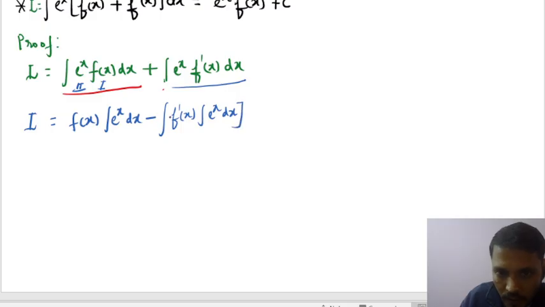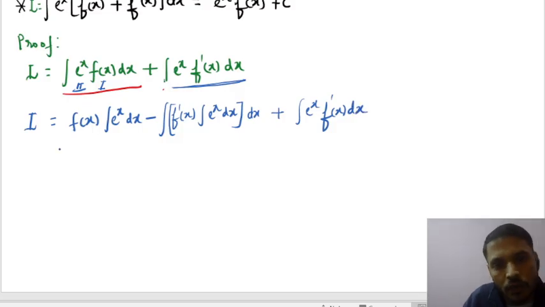We write it in a bracket, and again we give one dx, right? And the second part is as it is. We are not doing anything with this. This we will copy as it is. That means this is e to the power x f dash of x into dx.